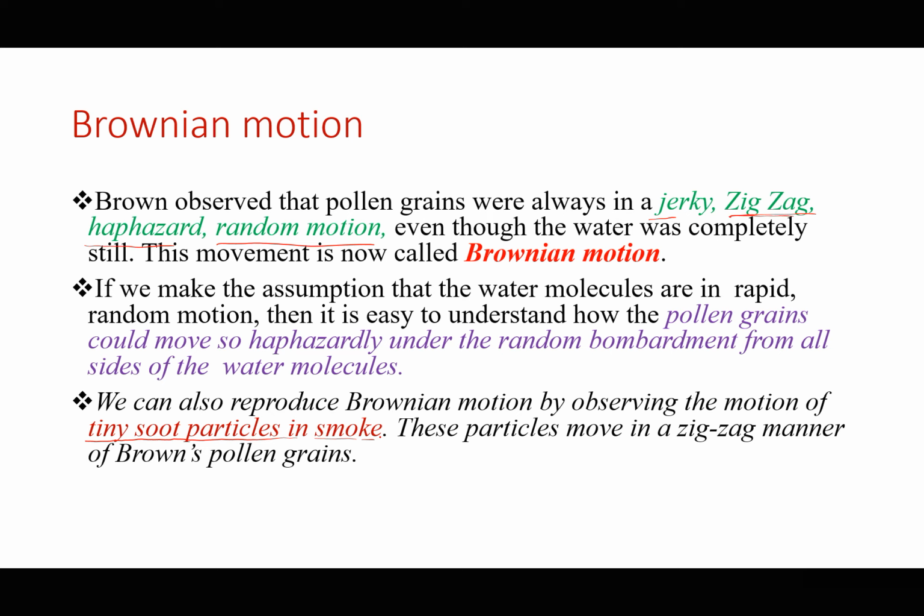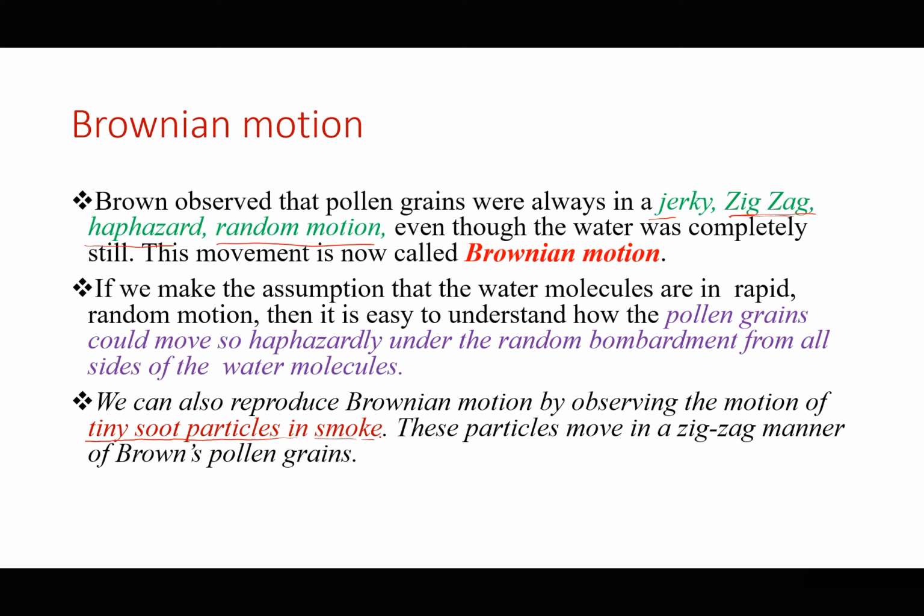I have said when you observe tiny soot particles in smoke, you are going to notice that they are continuously changing direction. And the reason they are continuously changing direction is because they are colliding with the air molecules. We can't see the air molecules even if we are using a microscope. We may not see the water molecules even if we are using a microscope.